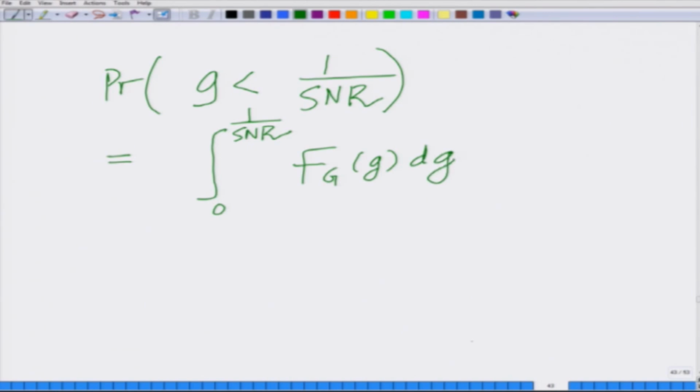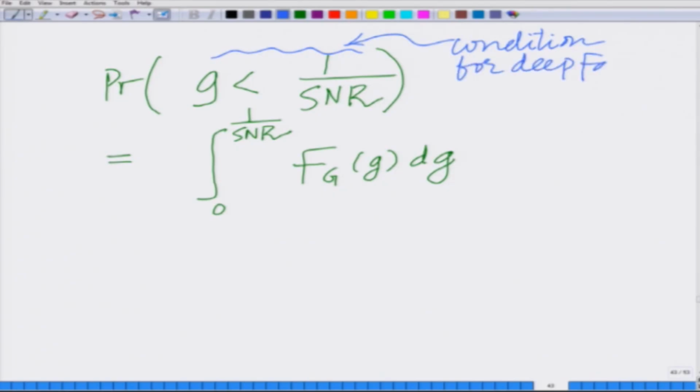Remember, this is the condition for deep fade.